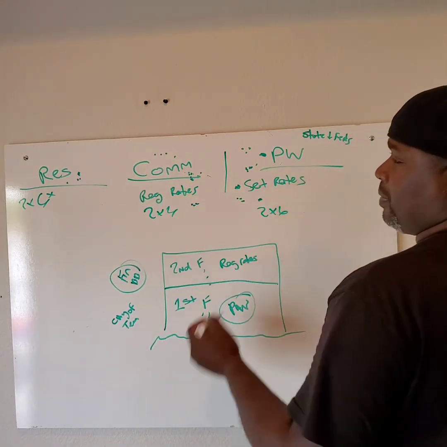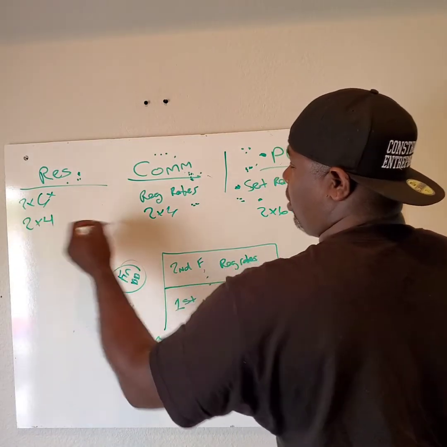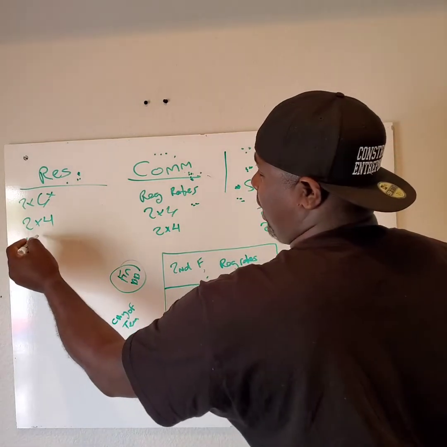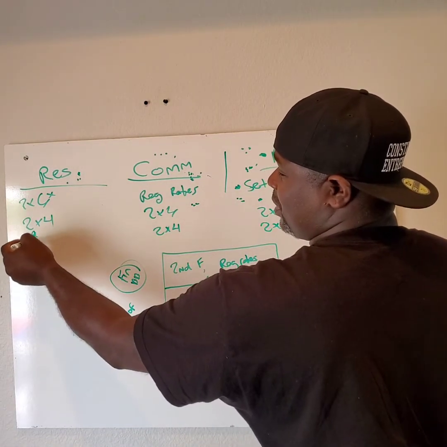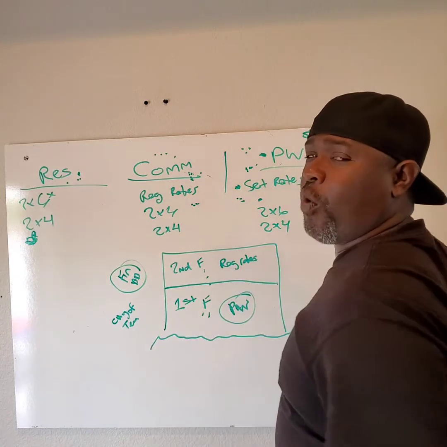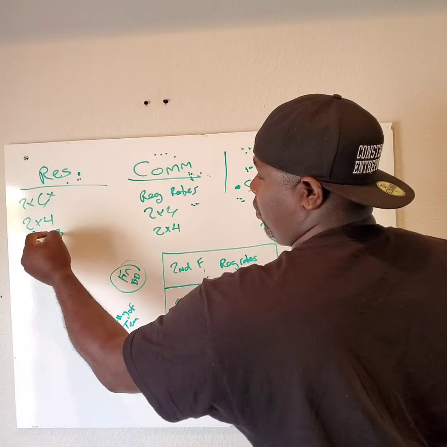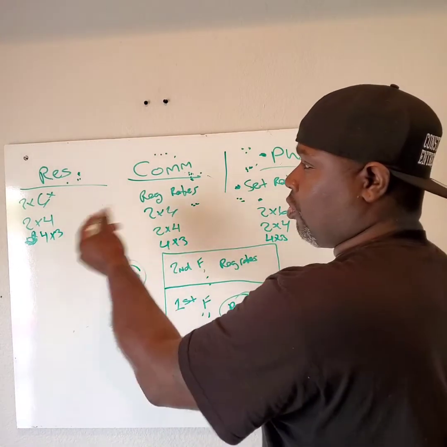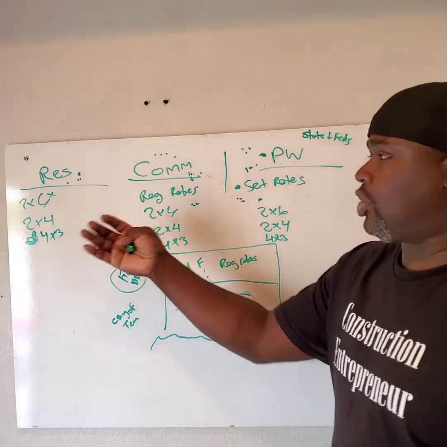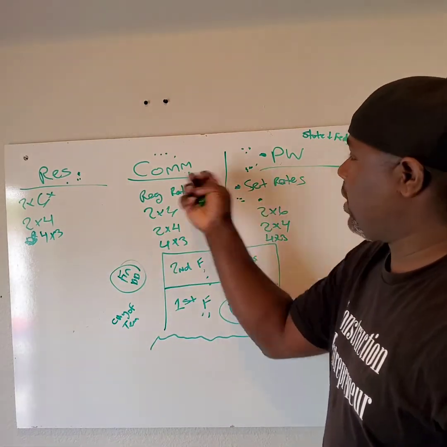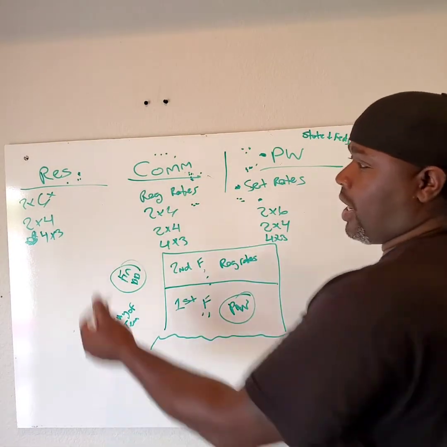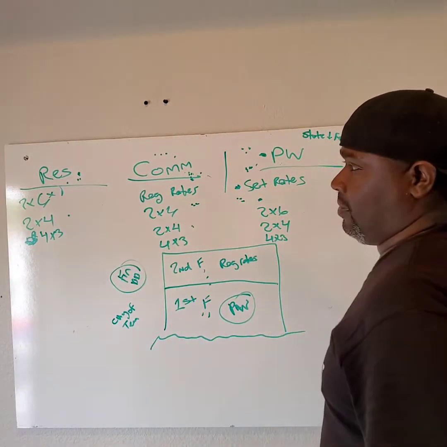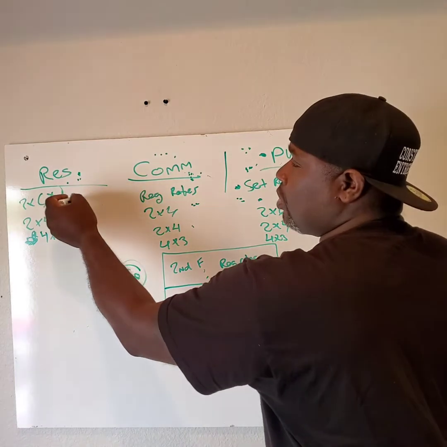Public works has 2x4 and 2x6 walls. It's all on the structural, what the building will require. They all have drywall, they all have concrete, they all have painting. The same work you're doing over here.